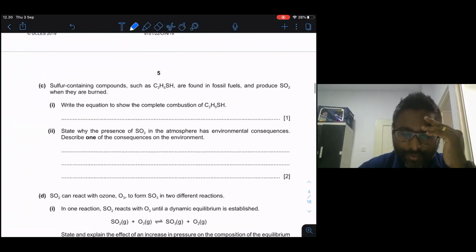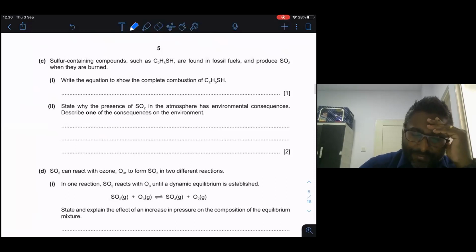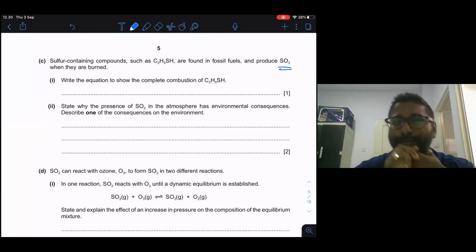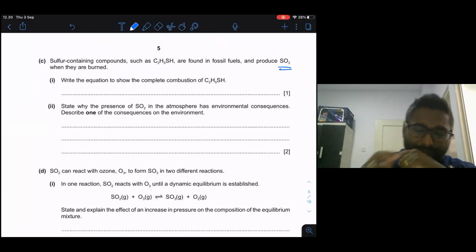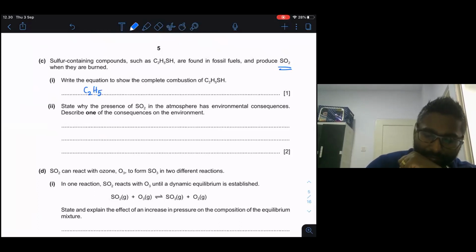Okay, so if you go for the next one, sulfur containing compounds such as this are found in fossil fuels, and they produce SO2. They already give you some idea over there. When they burn, you can get SO2. So let's see C2H5SH.